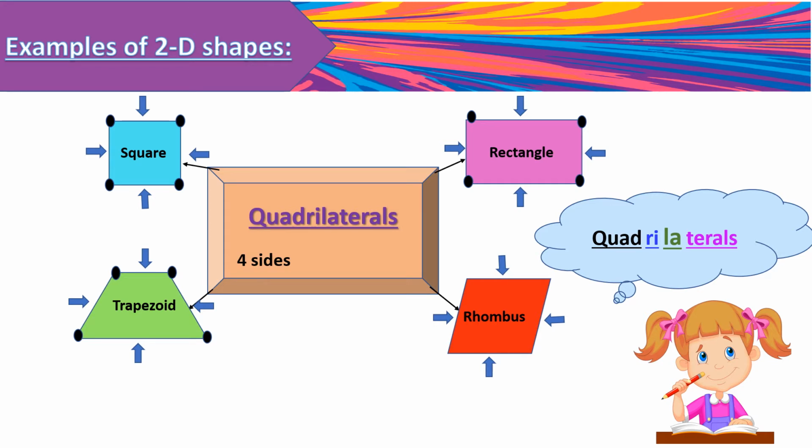And rhombus. 1, 2, 3, 4. So all of them have 4 sides and 4 vertices. So they are called quadrilaterals. So any shape with 4 sides and 4 vertices is called quadrilateral.